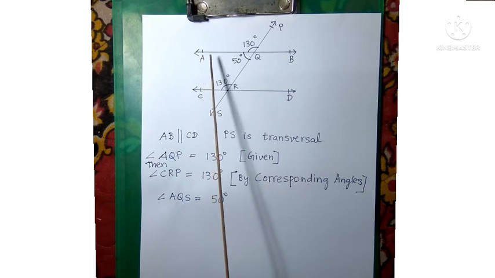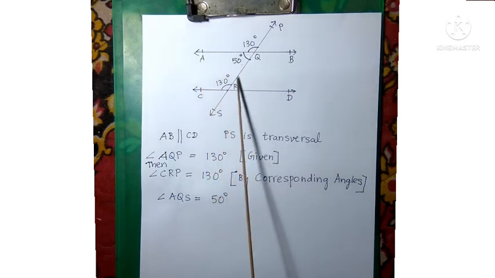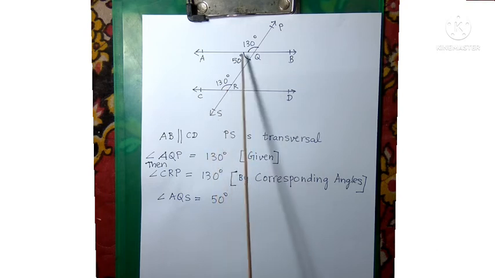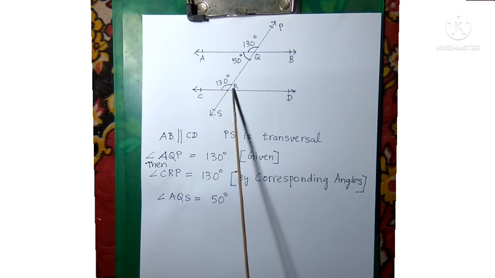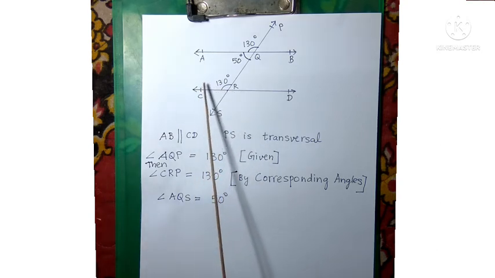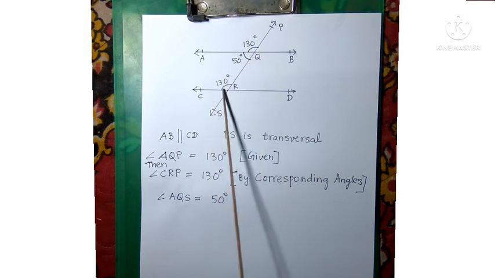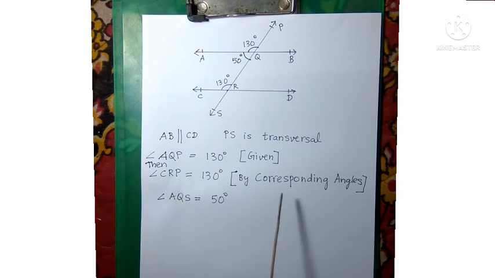Now it is given that angle AQS is 50 degrees. Now we have to find angle CRS. We can easily identify that if angle AQS is 50 degrees, then angle CRS will also be 50 degrees because of the same concept, corresponding angles.